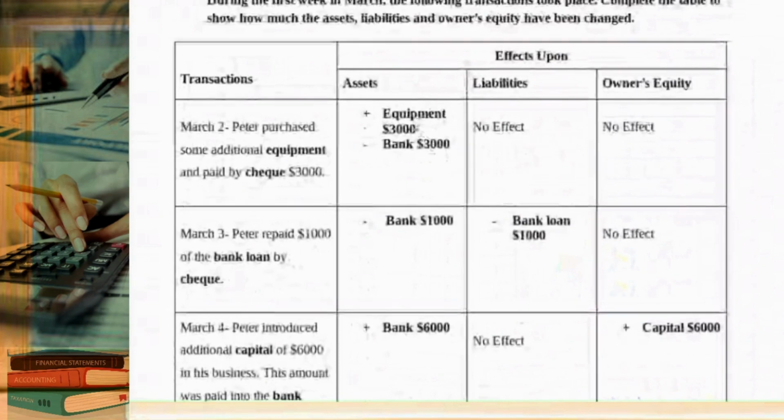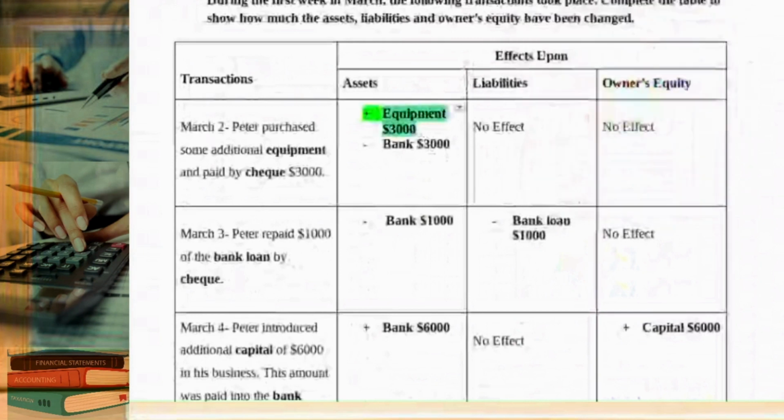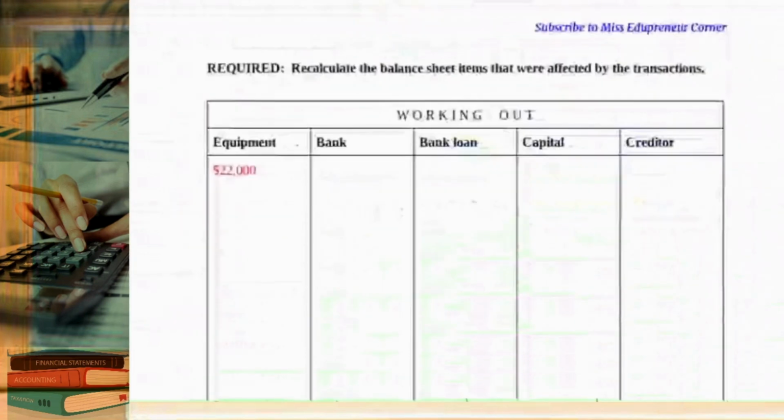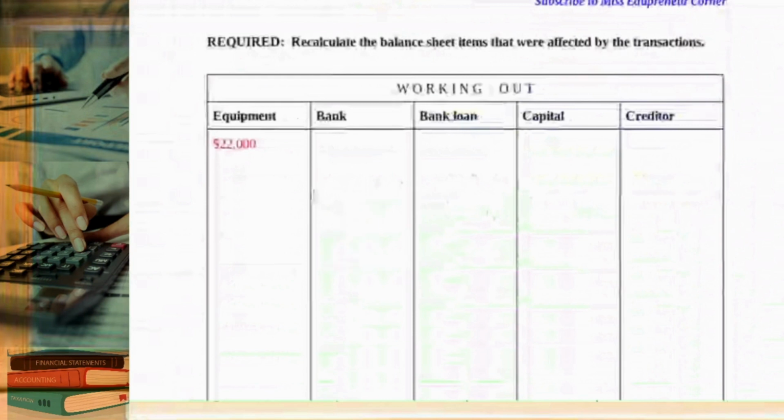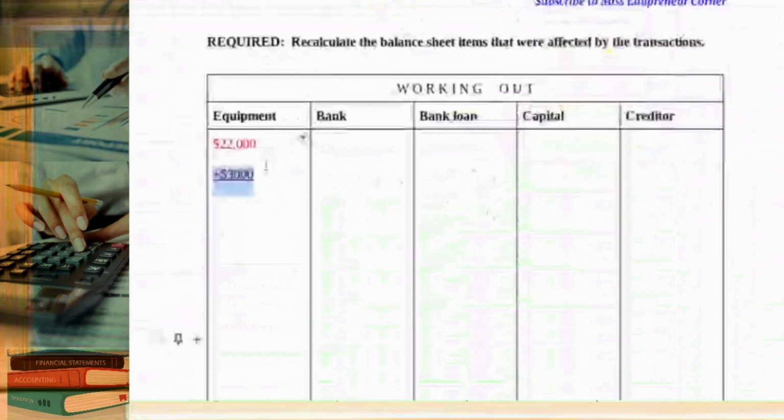So in the first transaction right here, we see that equipment was increasing by $3,000. So we're going to add this $3,000 to the $22,000 that was there before. So when we add $3,000 to the $22,000, we get $25,000.